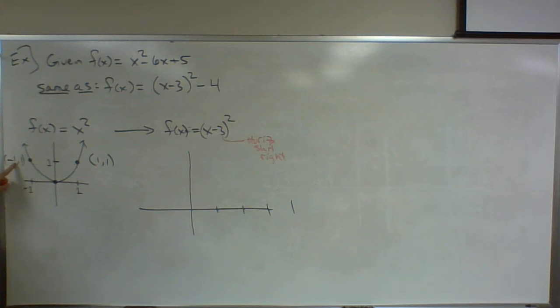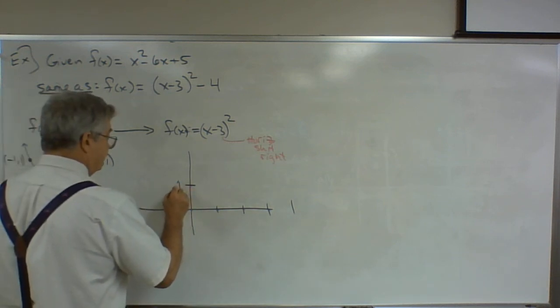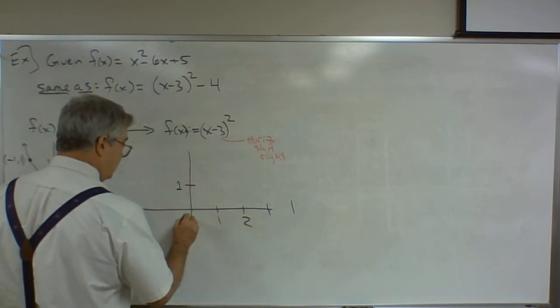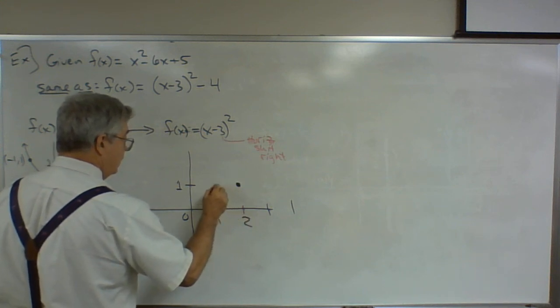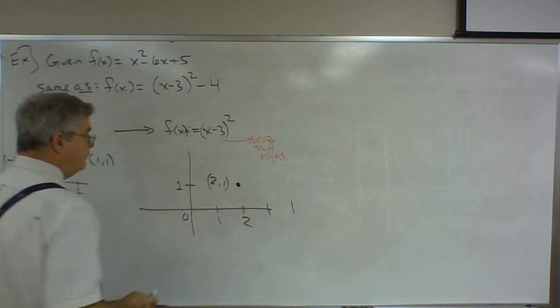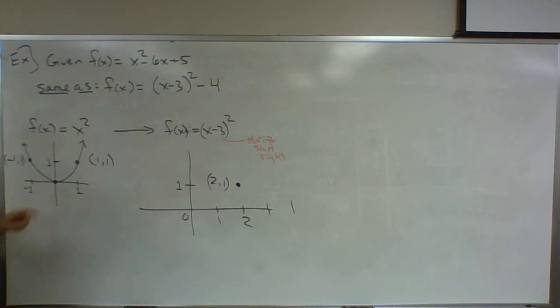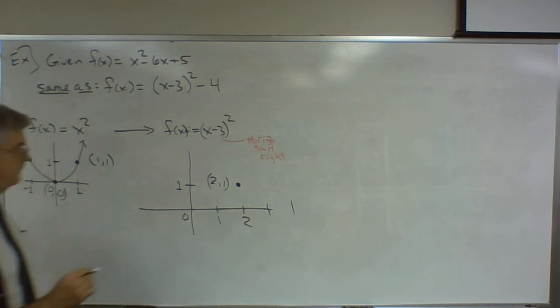The x-coordinate here is -1. If I shift it 3 units to the right, I'm adding 3 units to this x-coordinate. It'll be +2. And this point is the origin. If I move it 3 units to the right, I add 3 units to this x-coordinate. That'll make it x equal 3.